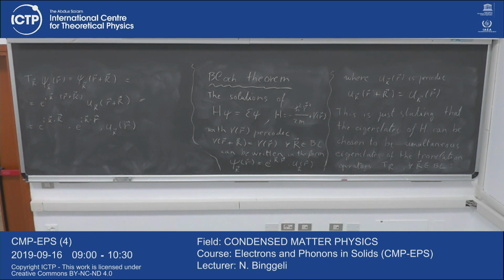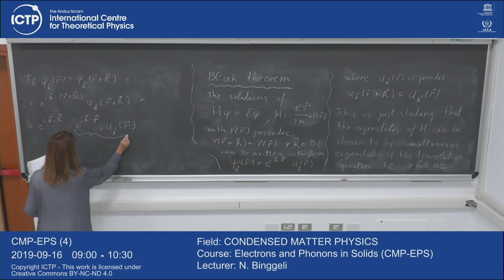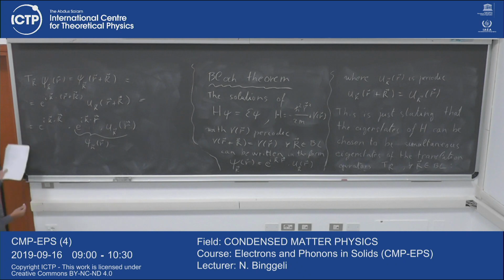Okay? And this is just my initial Bloch state, psi k of r. And this is just a constant phase, because capital R is just a vector of the Bravais lattice.